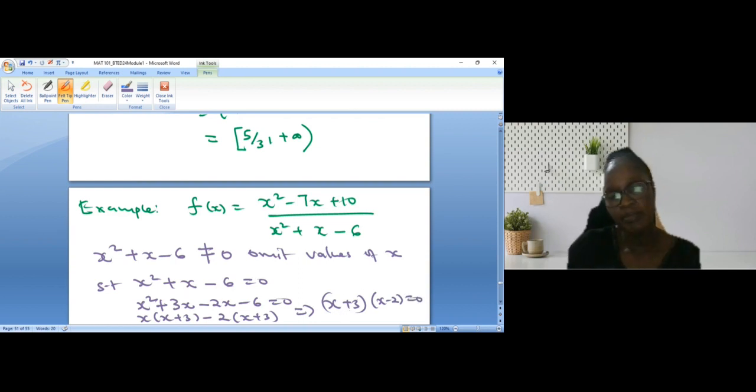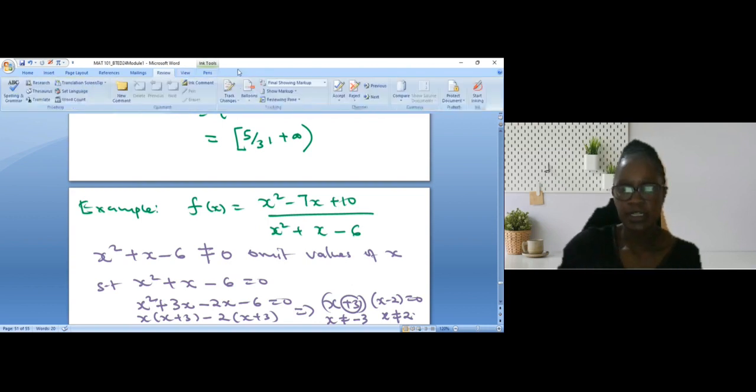So meaning that for this problem, for the function to be defined, x should not be equal to negative 3 and x should not be equal to 2. Otherwise, if it's equal to negative 3, you get a 0 in the denominator. If it's equal to 2, you still get a 0 in the denominator.